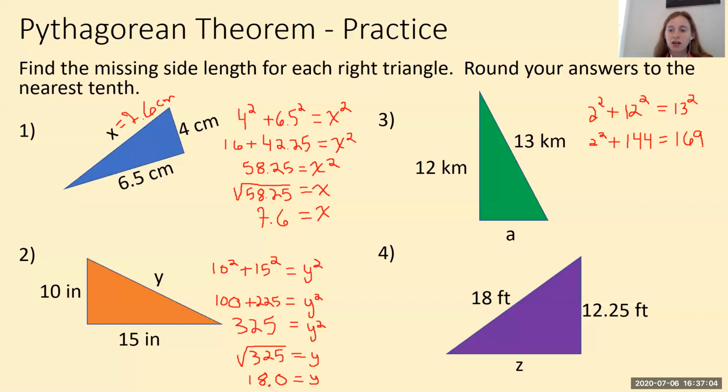So now we have this mystery amount here, A squared, plus 144 equals 169. So we need to figure out what this mystery amount is. If we have something plus 144 that equals 169, the way we can figure out that something is with subtraction. So A squared is going to be equal to 169 minus 144.